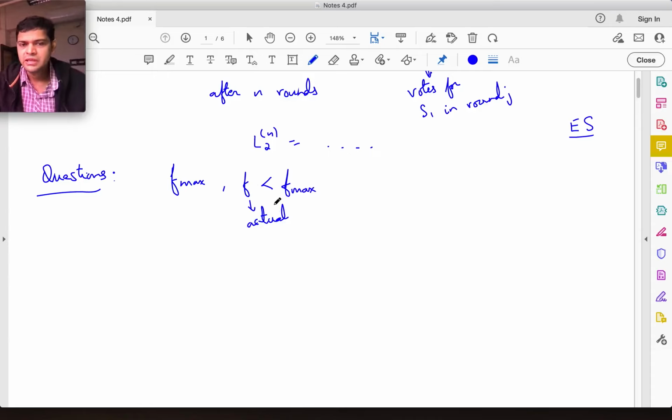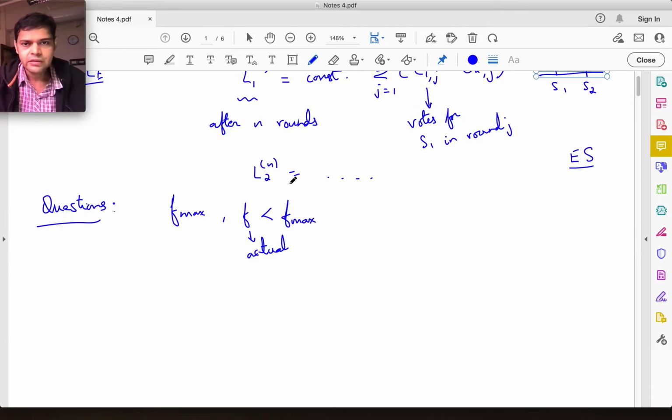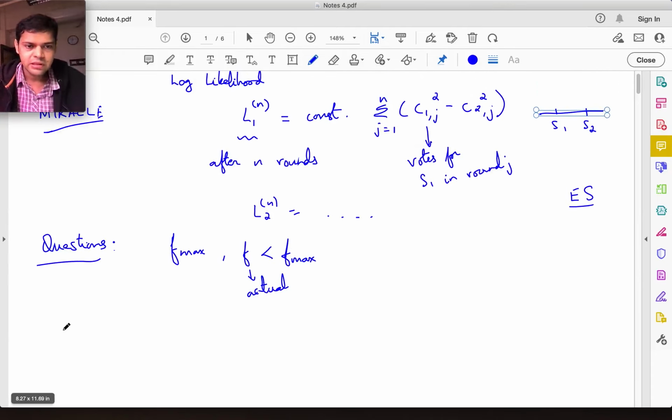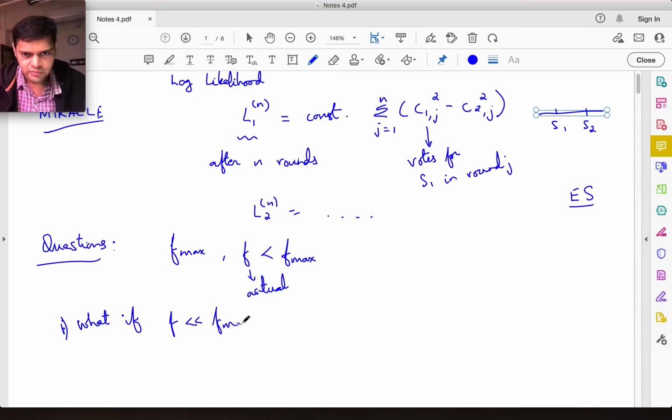And it could be much less than Fmax, and in that case what happens? So let's go back to this and ask one question: what if the actual fraction is much smaller than Fmax?